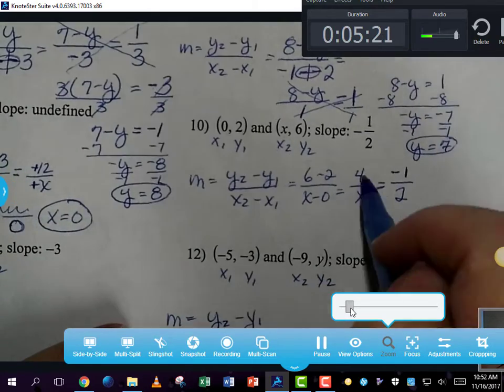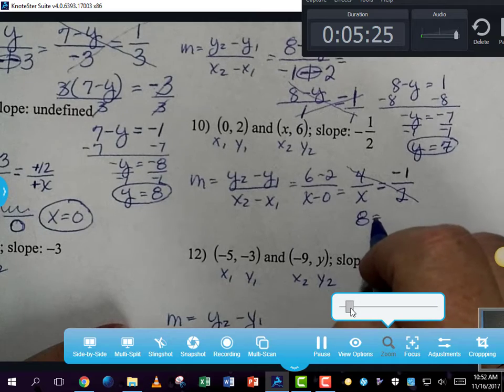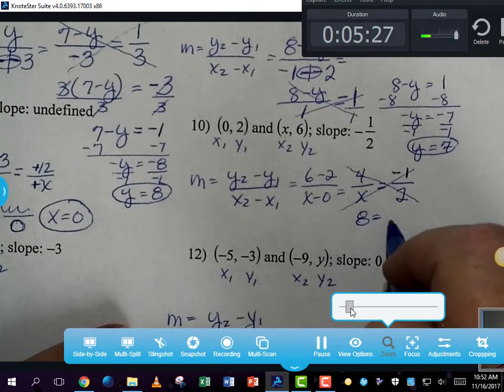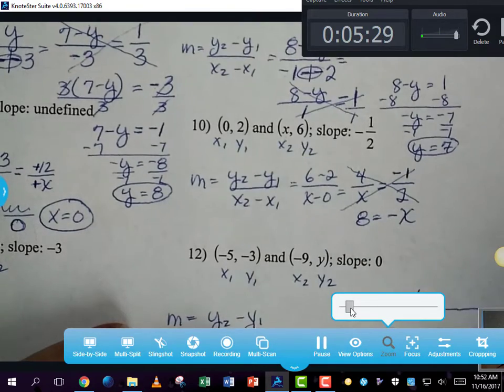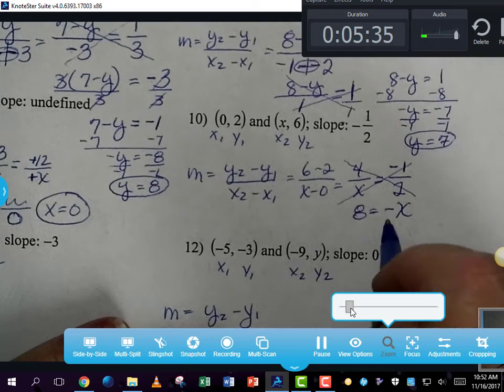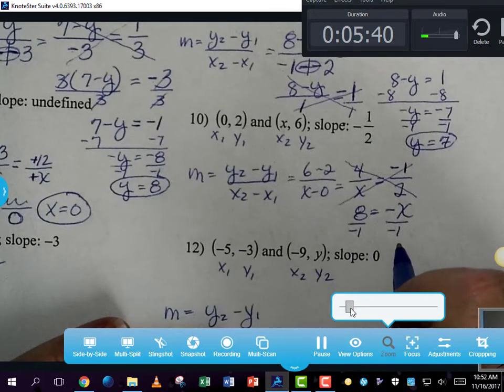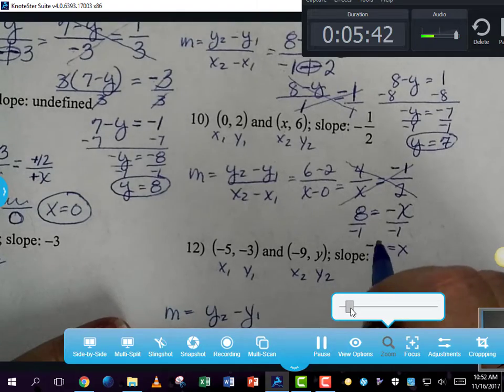We have a proportion here, so I'm going to have 4 times 2 is equal to x times negative 1. And then I don't need this to be a negative 1 coefficient, I need this a positive 1 coefficient, so I'm going to divide both sides by negative 1. And I'm going to get x equals negative 8.